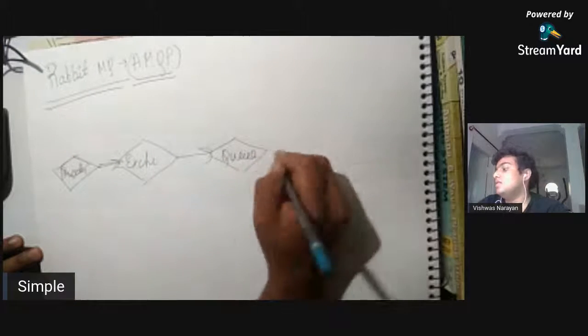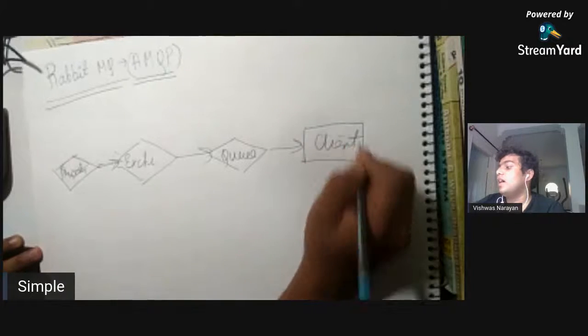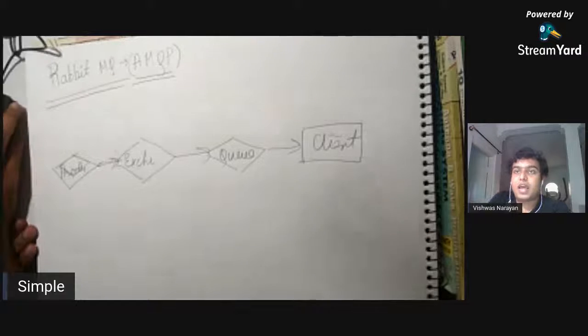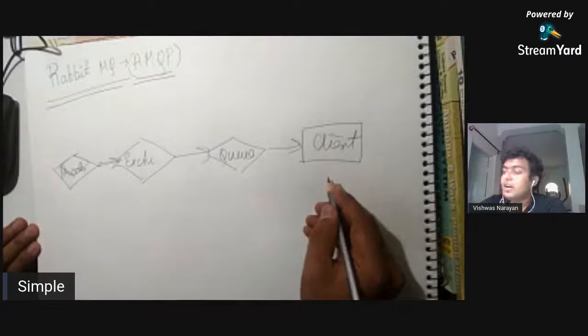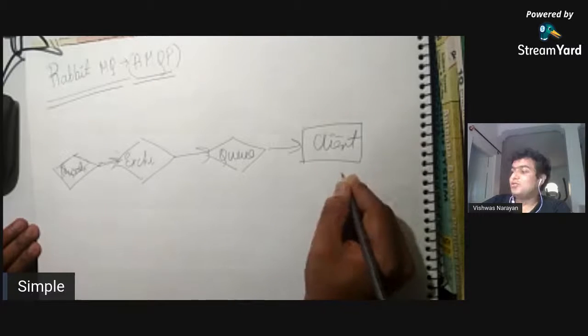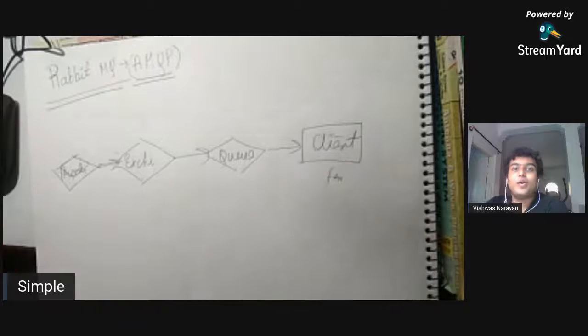So once this goes into the client, the client can basically be a web hosted server or anything that you desire. This client is so simple, it is just a front end interface that is running over the course of time.